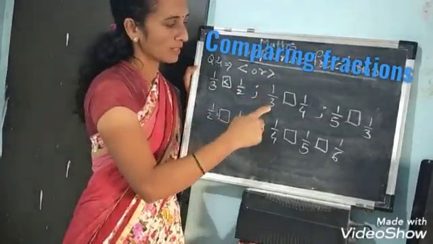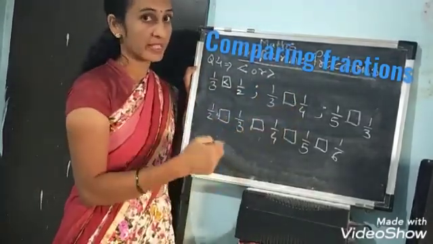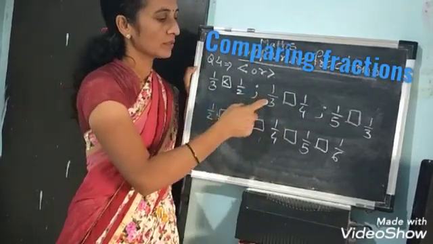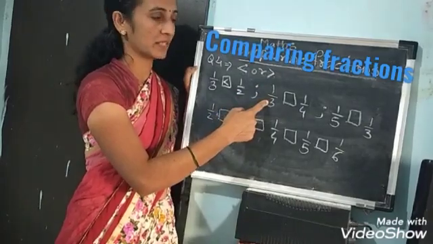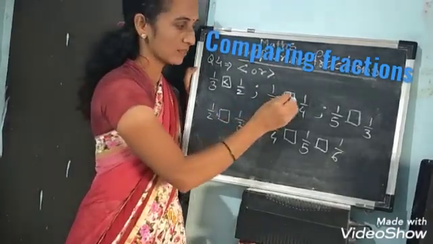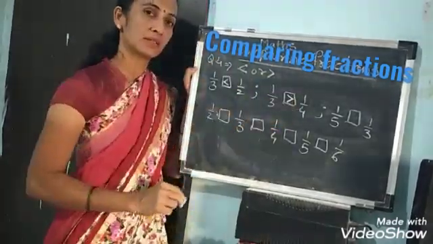1 upon 3, 1 upon 4. Which is the bigger fraction? The one which has the smaller denominator is the bigger fraction. 3 is smaller, so this fraction is bigger.